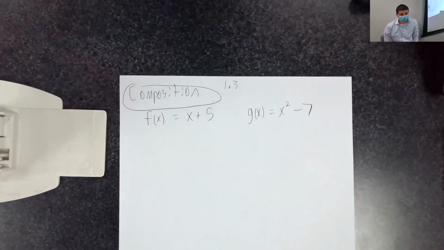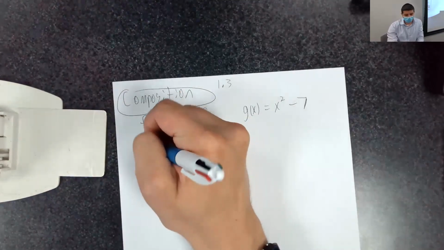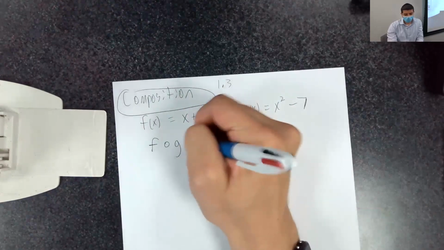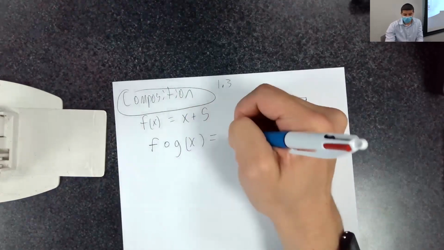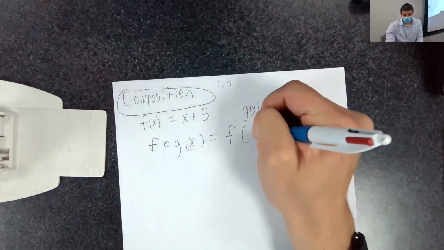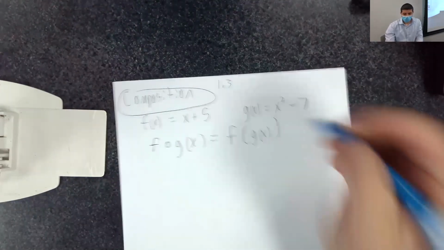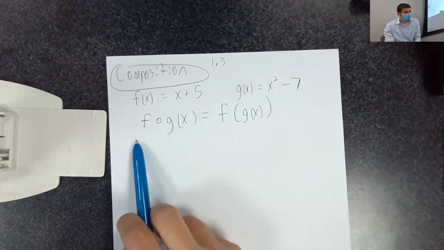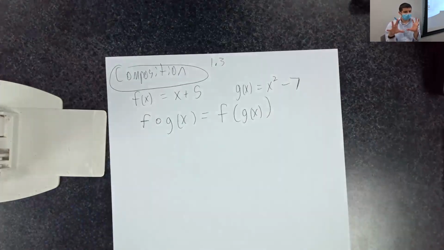Once I have two functions, or I could even do it with one function, there's something called a function composition, where f of g of x is a new function. What I'm doing here is plugging g into f. I'm plugging one function in for x of another function.